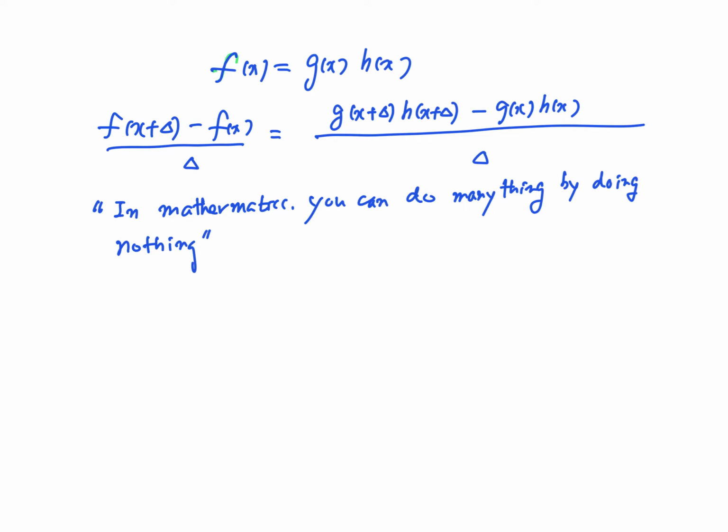This is about time to introduce my favorite trick. In mathematics, you can do many things by doing nothing. So in mathematics, doing nothing means you can add zero. So there are two kinds of doing nothing: add zero or multiply by 1.